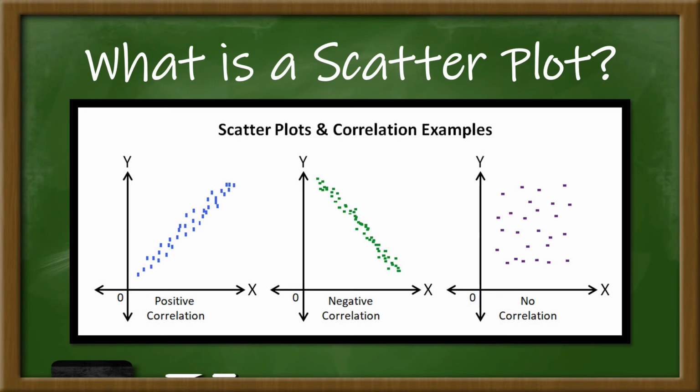As I said, there are 3 types of correlation, which are positive, negative, and no correlation. When we say positive correlation, the spots form a straight line and the direction is to the right. When we say negative correlation, the spots also form a straight line and the direction is to the left. And when we say no correlation, the spots have no direction; the spots are scattered on the graph.